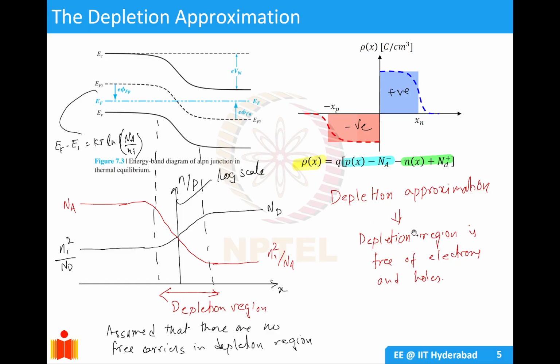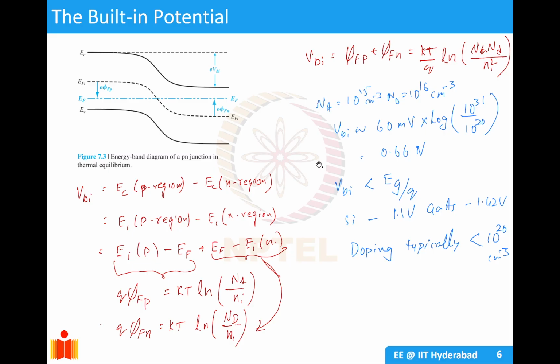So the depletion approximation states that the depletion region is free of moving carriers, free of majority electrons and holes. So this Na minus and Nd plus will be the same as Na and Nd. So that will allow us to calculate the built-in potential.